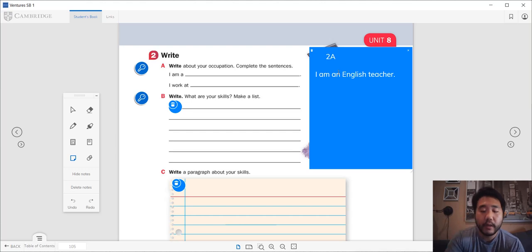I work at a place called Center for Pan Asian Community Service. The shortened version is CPACS. I'm going to type it here to show you.